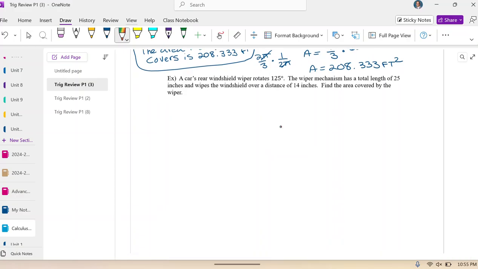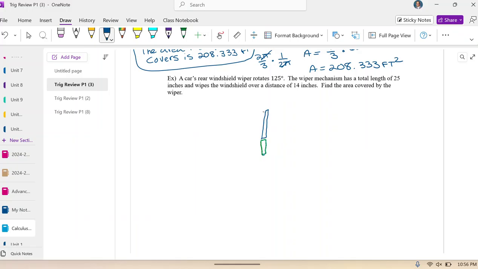windshield wiper. Notice on a car, you have a windshield wiper, and the windshield wiper has a plastic part, and then the wiper will stick out of it, and this is the part that will wipe the water off your car.